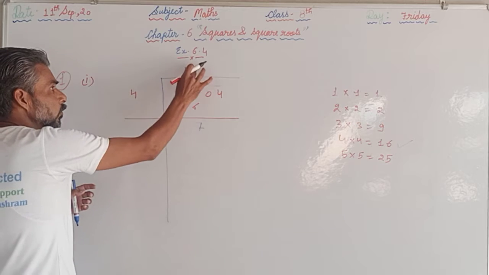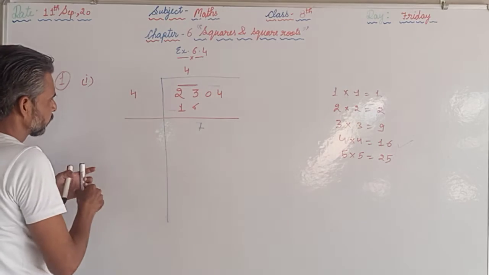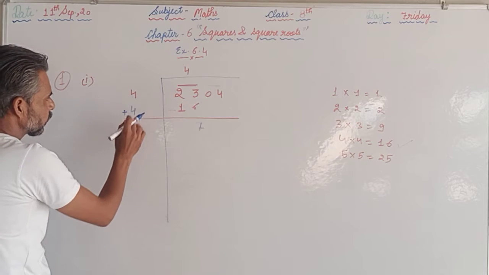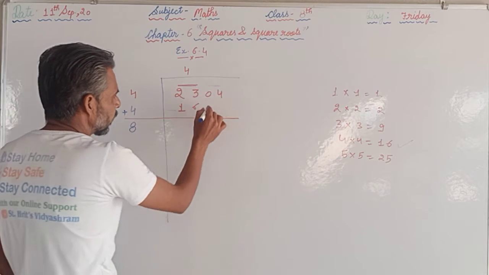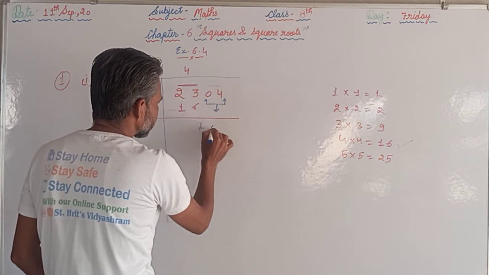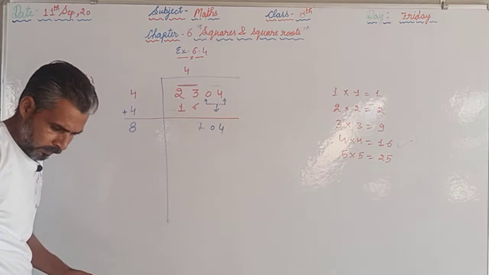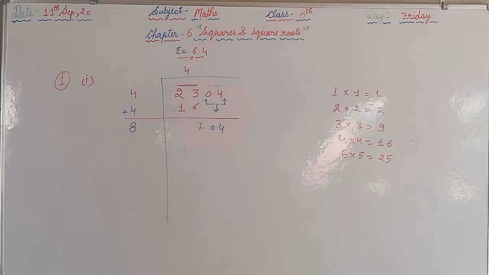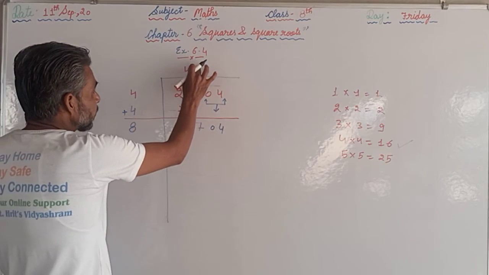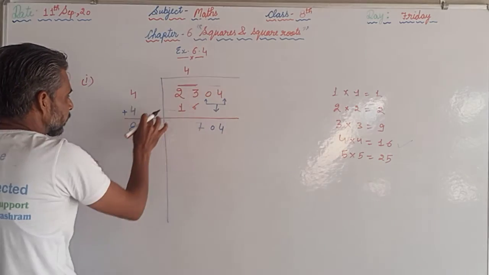Now this 4 we write here, and we add 4 plus 4, that is 8, and now we borrow the next pair, that is 04. Now we are supposed to multiply, and we write the same number here and here.